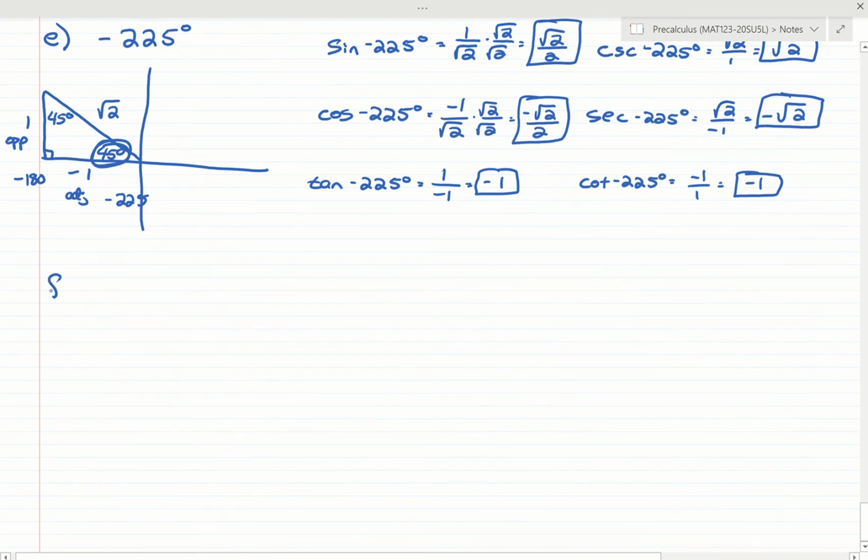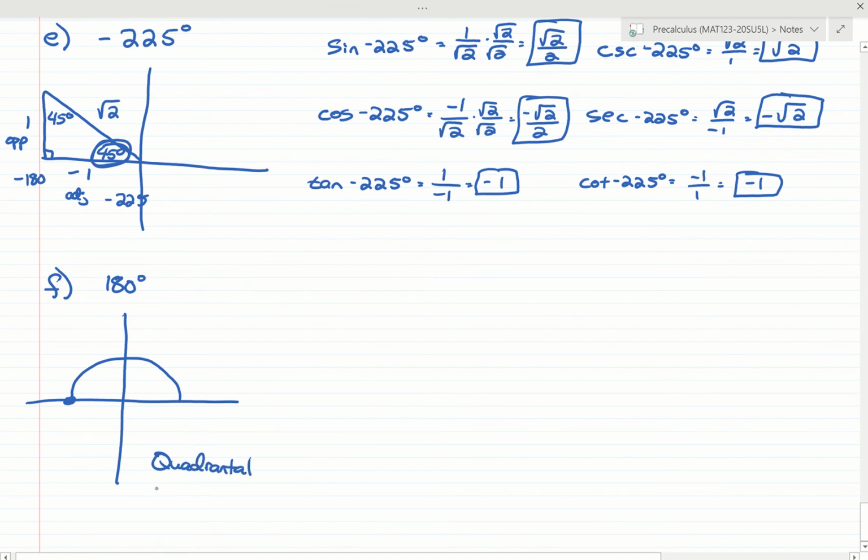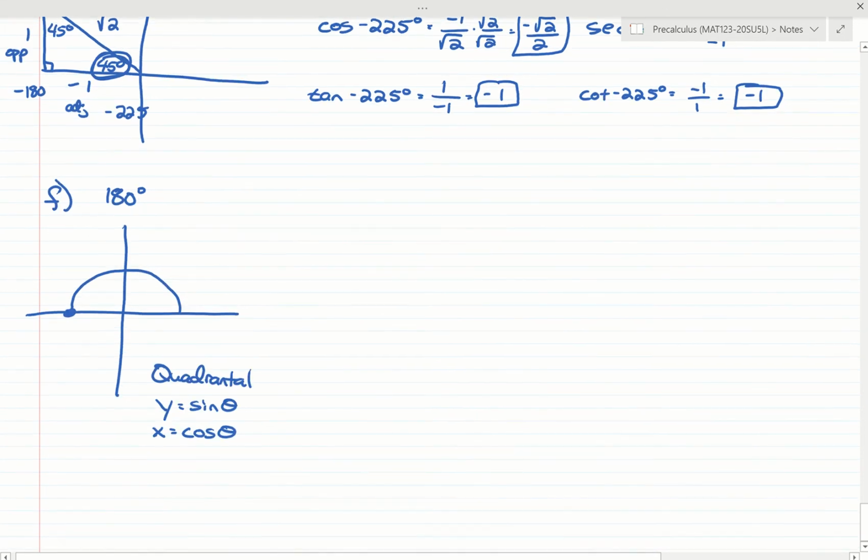Okay, let's try 180 now. Now 180 degrees is a little bit different because that puts us right on the axis. This is called a quadrantal angle. When you have a quadrantal angle, remember that y is the sine value, x is the cosine value, and y over x is your tangent value.